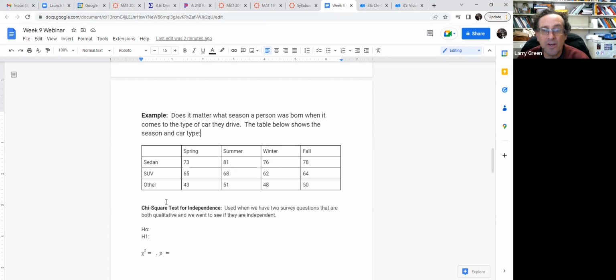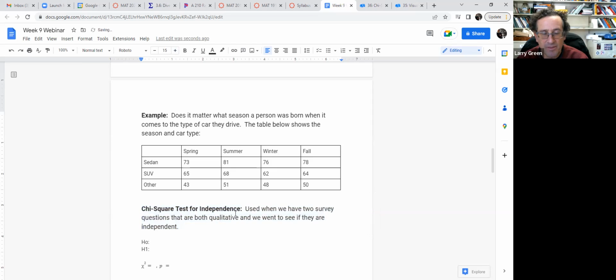Okay, so when we have this, we're going to use what's called the chi-squared test for independence. We're going to use this test when there are 2 survey questions that are both qualitative, and we want to see if they are independent or dependent. Any questions on that?